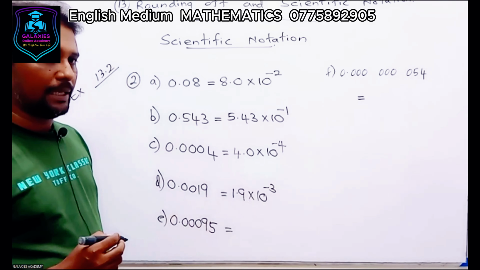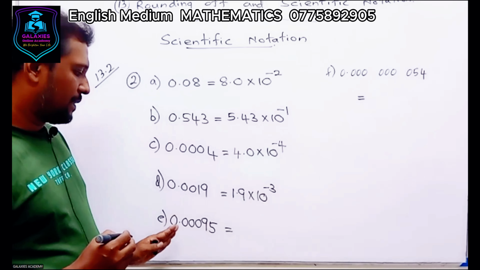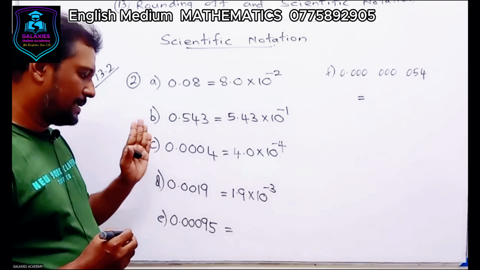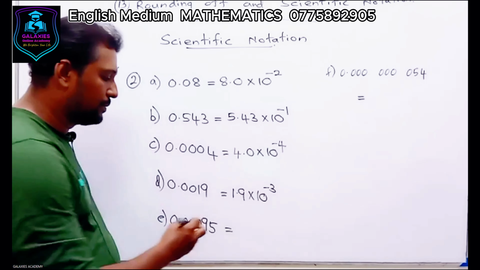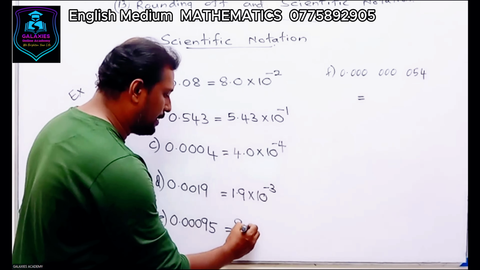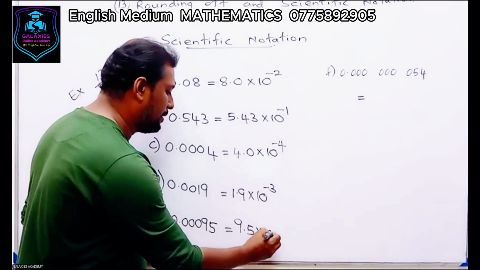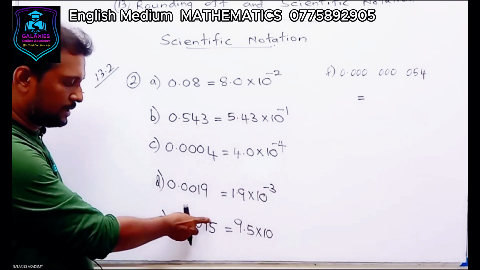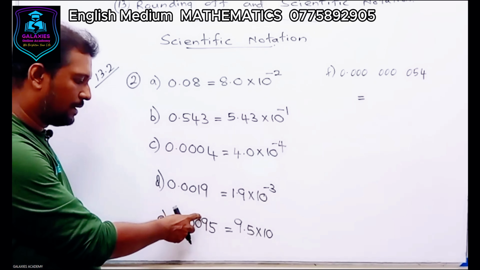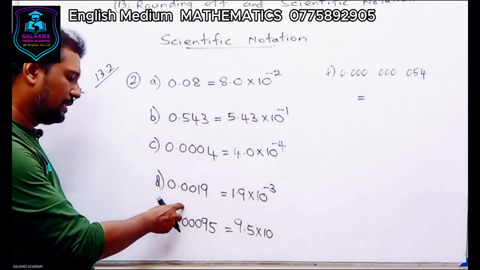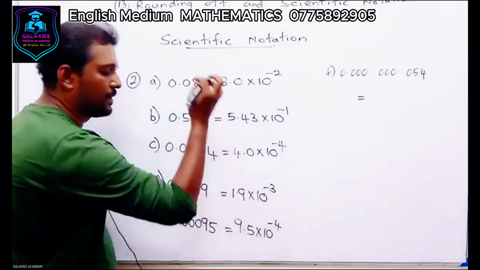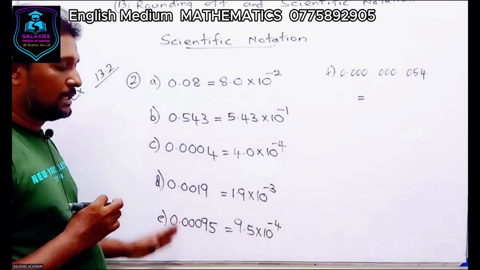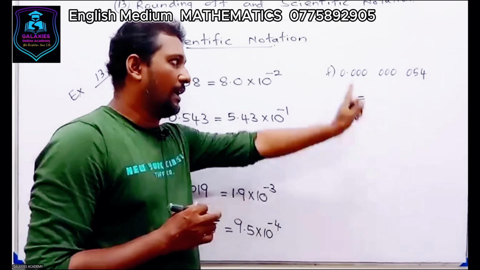10 to the power negative 3. Next one, the first digit except 0 is 9. So you have to keep the decimal point between 9 and 5. 9.5 multiply 10 to the power. Look at how many places we have to move. 1, 2, 3, 4. Negative direction 4 places. Right? 10 to the power negative 4. Next one.